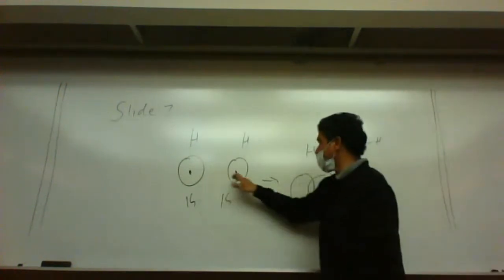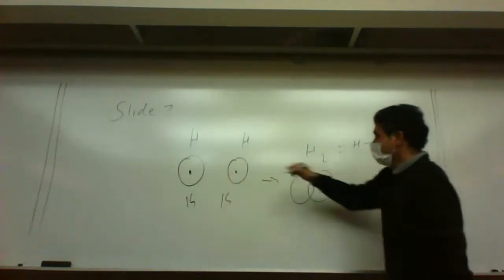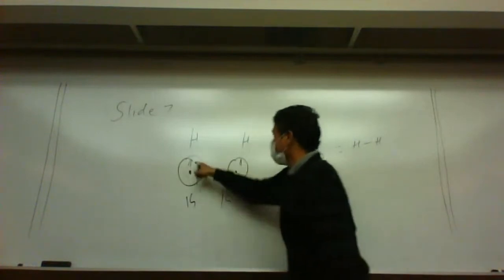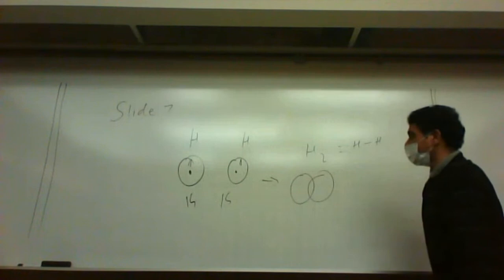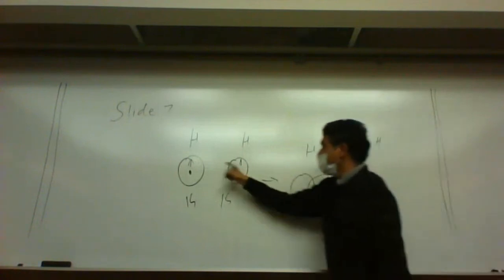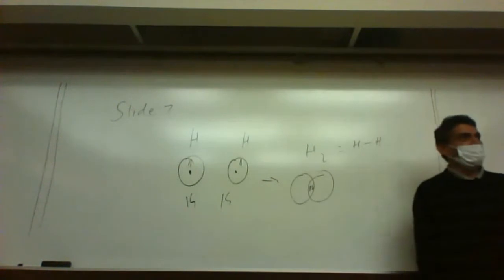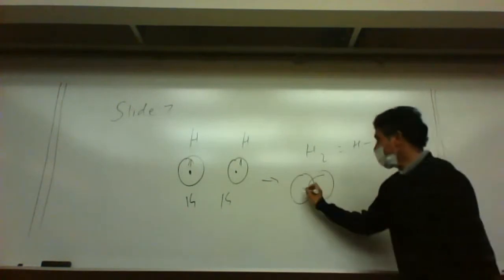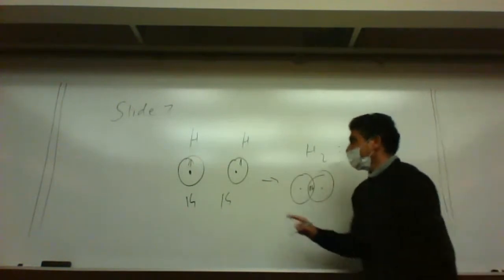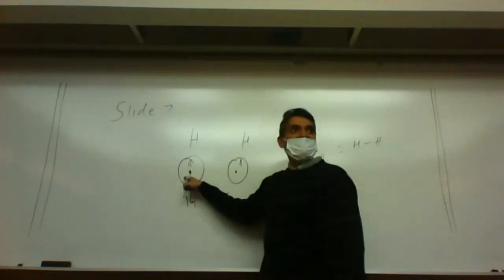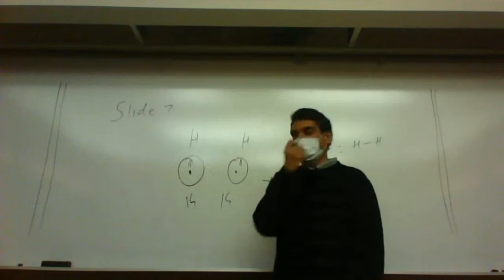This 1s orbital overlaps with this 1s orbital, and this one has one electron pointing upward. This orbital has one electron pointing upward, and these two electrons now occupy this region, the internuclear axis, like this. In the atom, this electron may be moving all around everywhere, as we discussed in chapter 7.